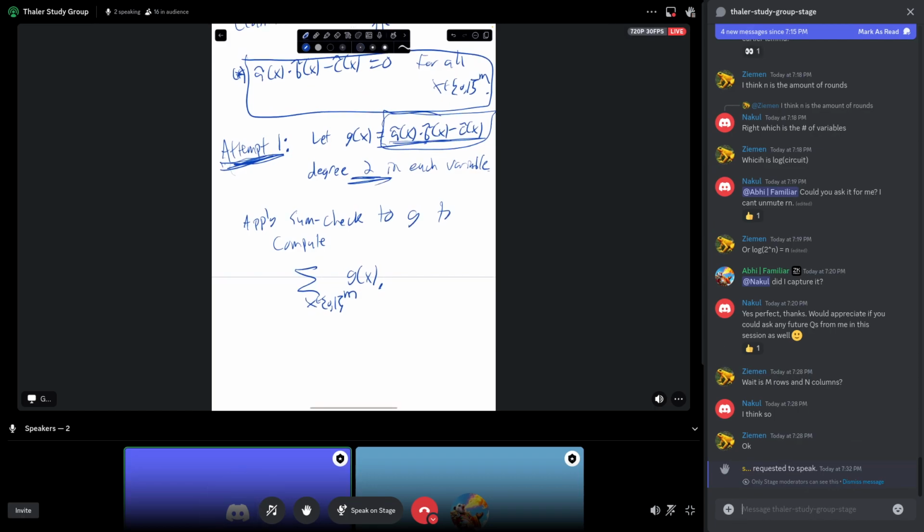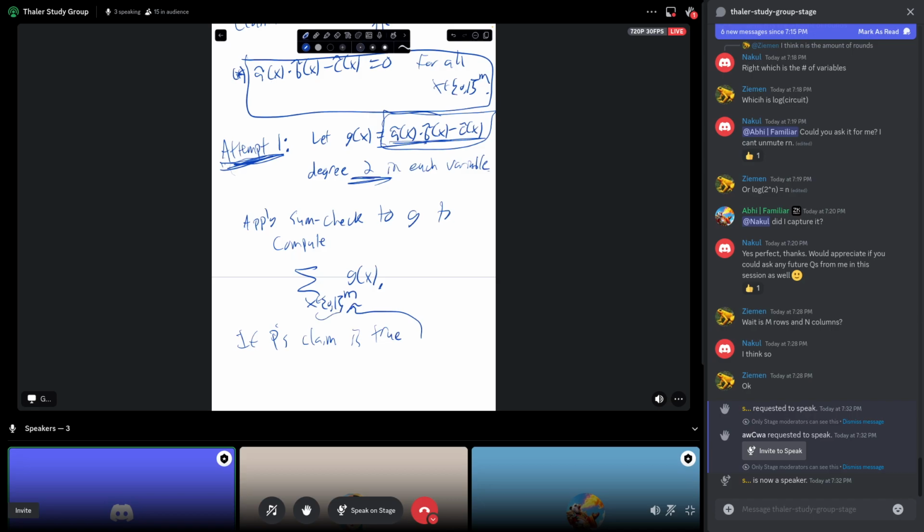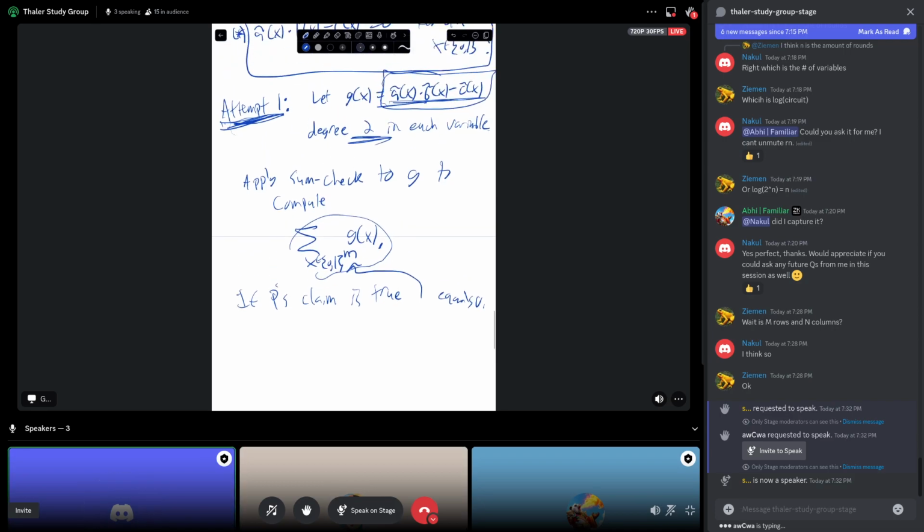So if P's claim is true, this sum will equal 0. So the reason this attempt does not quite work is that it's possible for this sum to be 0 without the claim holding. Sorry about this, let me call this sum star star.